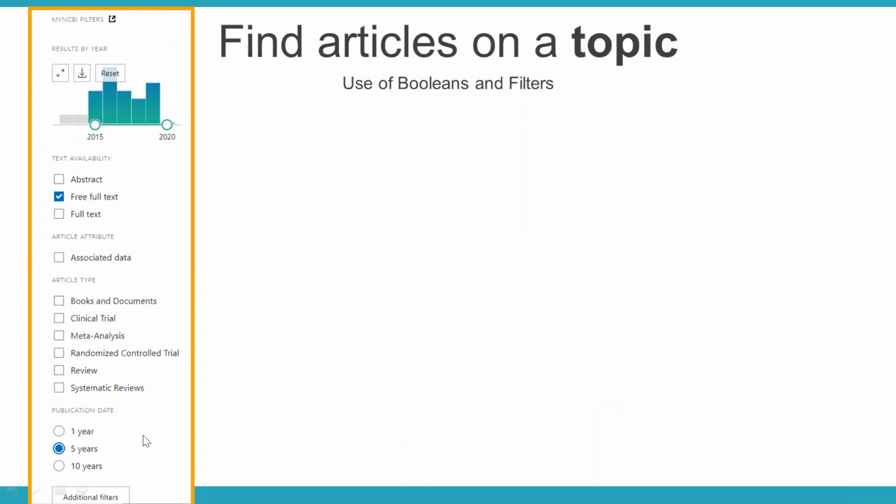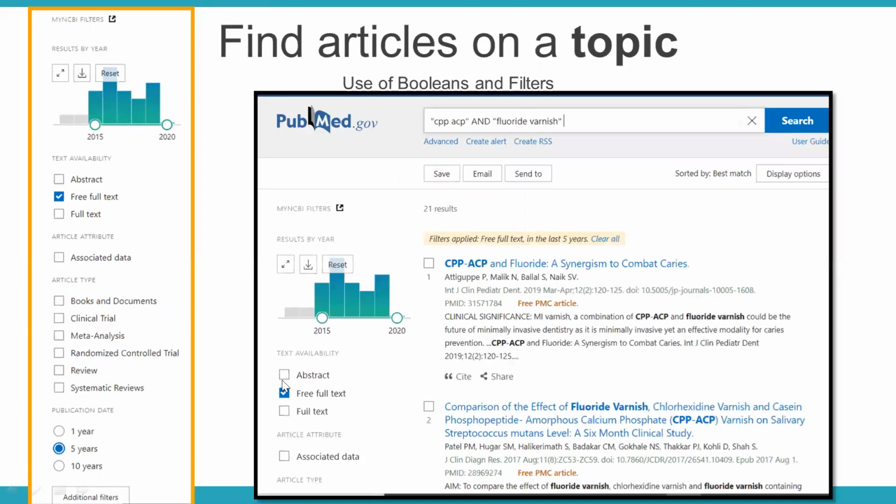So here we are actually using Boolean AND and two filters, based on text availability and the time when the publication was done. After applying filters, our result has narrowed to 21. And we now have 21 full text articles which have both the keywords, that is our intervention as well as comparator. So this gives us a good amount of scientific literature on this topic.